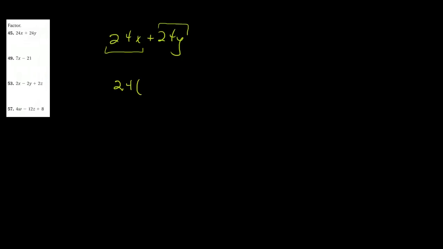I don't know why I always draw that little sign there. When I divide out the 24, those cancel to 1, those cancel to 1. I'm left with x plus y.